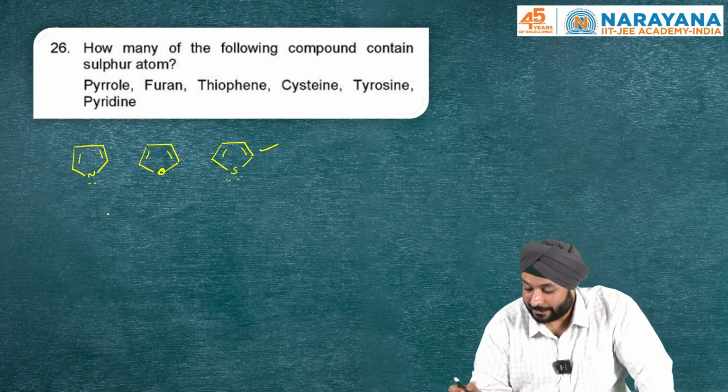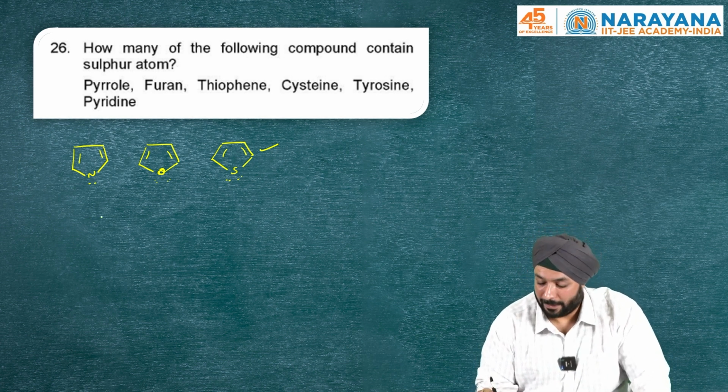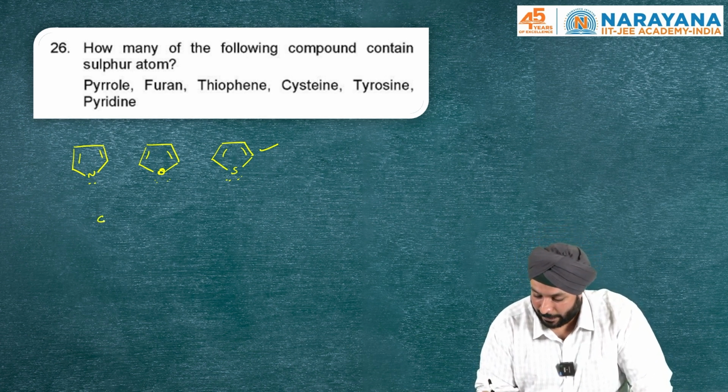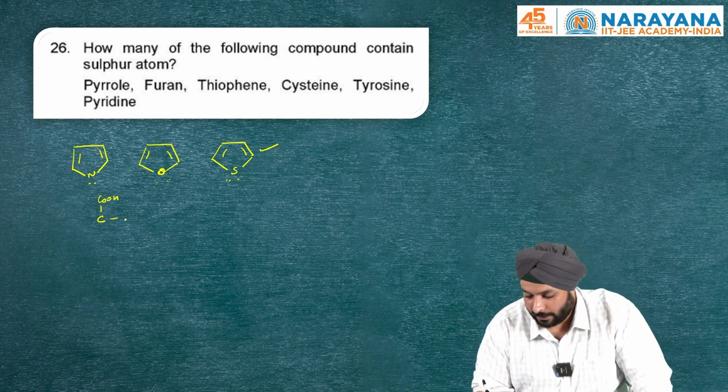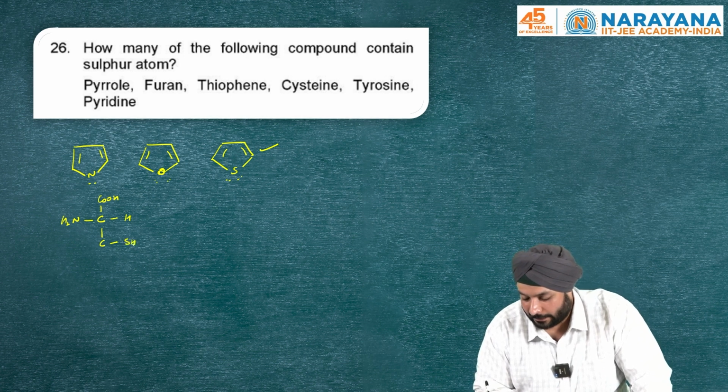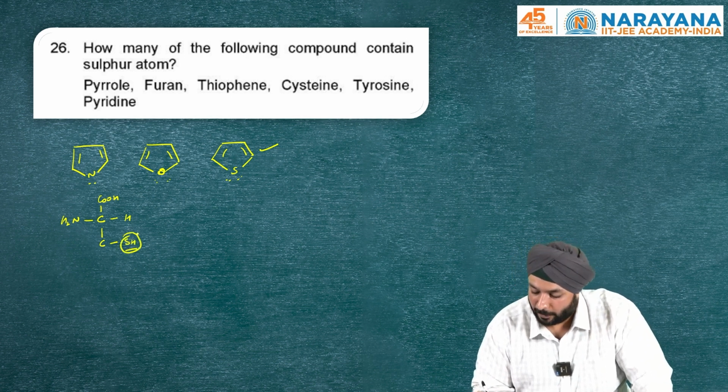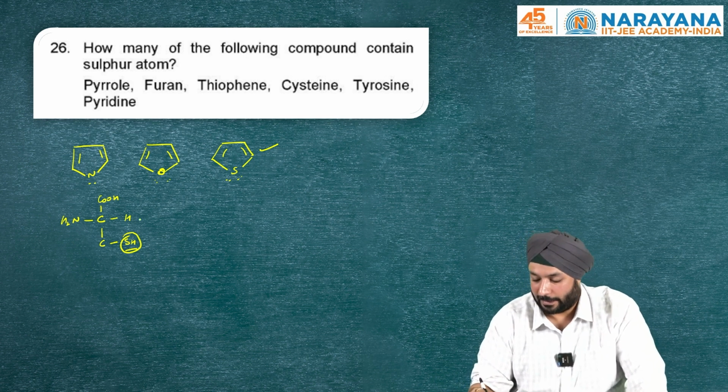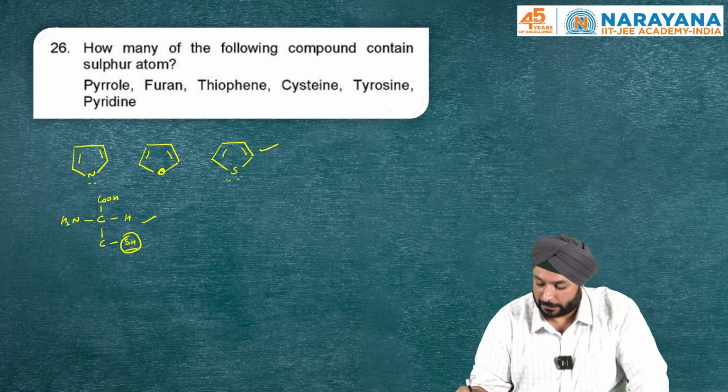And cysteine. Cysteine is an amino acid which contains sulfur, right? So you have carbon, COOH, NH2, H, and you have carbon and yeah, an SH linkage is there. SH bond is there. Cysteine, so it contains one sulfur. Then tyrosine. What is tyrosine?